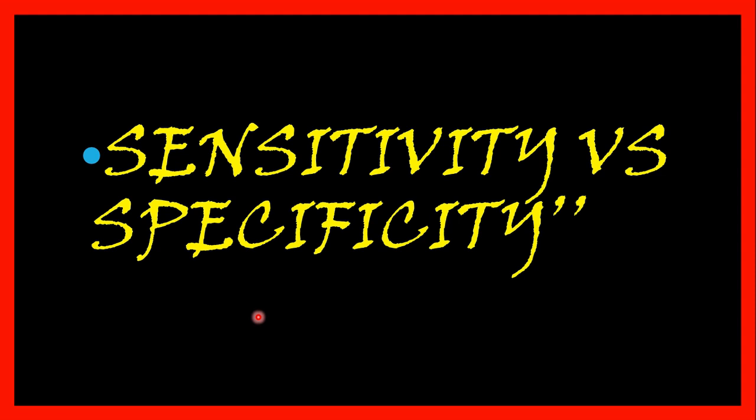Before we move on, let's clear these two terms, sensitivity and specificity. Many a time we come across a sentence saying the sensitivity of the cold test is about 0.83. What does this mean? Sensitivity is the ability of a test to identify the teeth that are diseased.